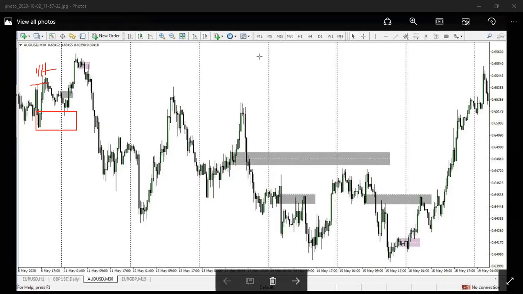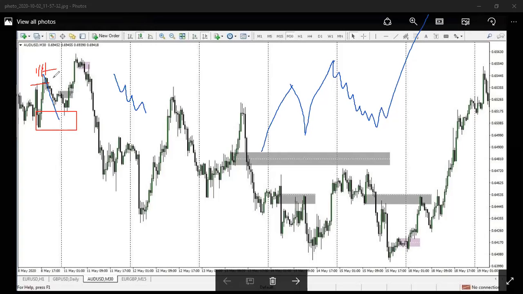So price can either just come straight down here to make a higher low, or it can do this, the complex pullback, like I told you, higher high, higher low, right? Price can just come down to make a higher low, then break market structure. When they come back to make a higher low, they can give you something like this, the complex pullback, then return to order block, then price continues the uptrend.